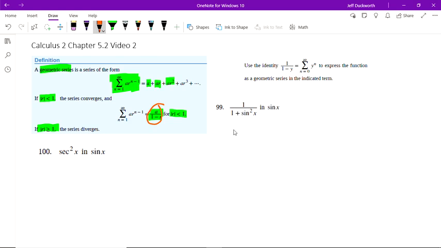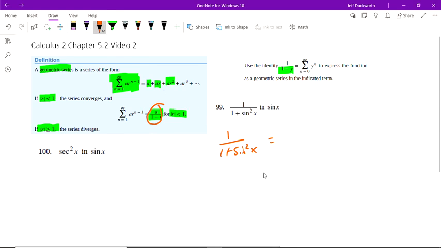So we have 1 over 1 plus sine squared x, excuse me. All right, now we need to put it in the form 1 minus y in the denominator.